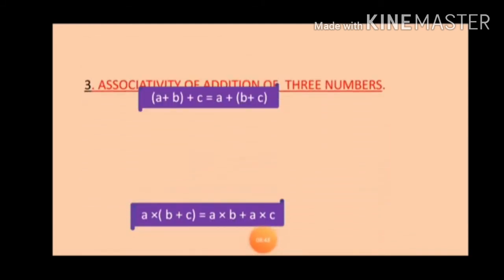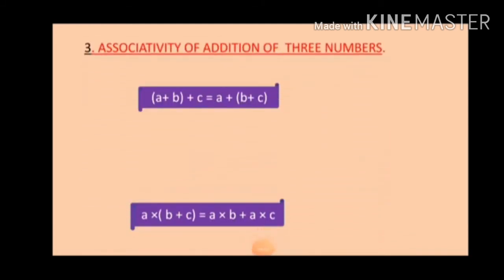Now let us learn about another property, that is associativity of addition of three numbers. Here we will take any three numbers, let's say 2, 3 and 4. First of all we will take two numbers together and take their sum first on the left hand side.